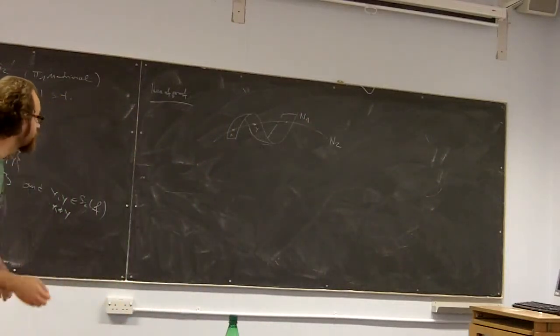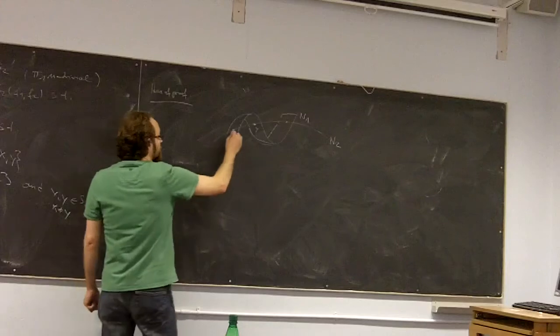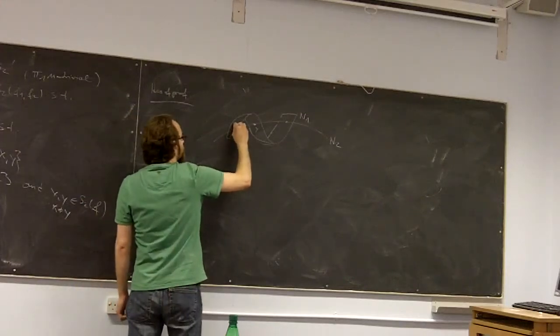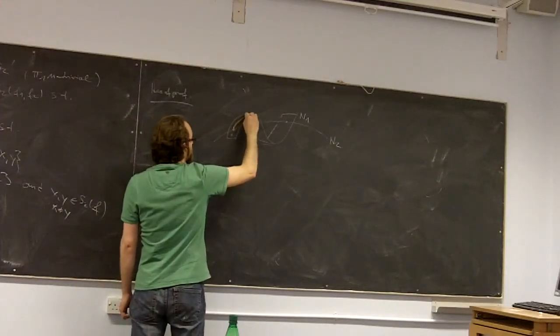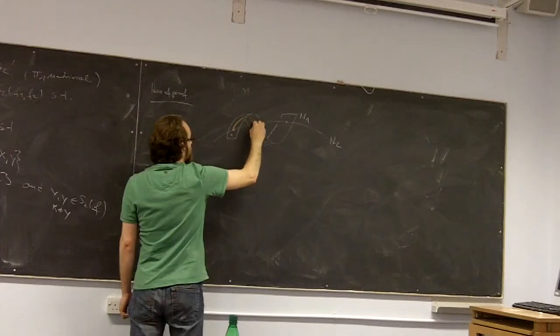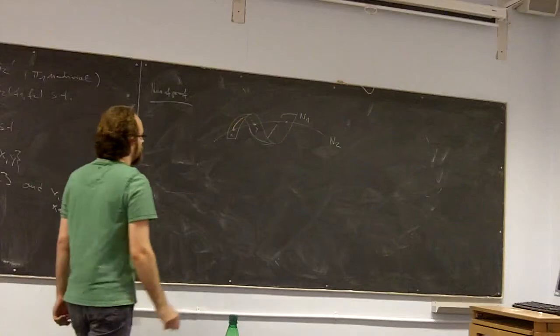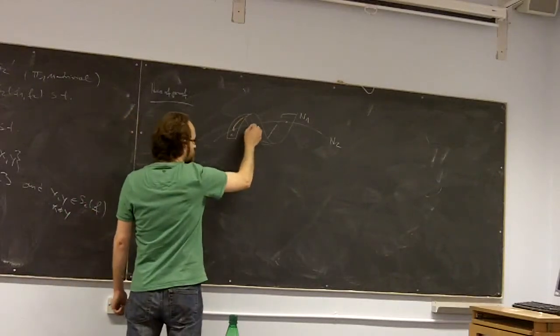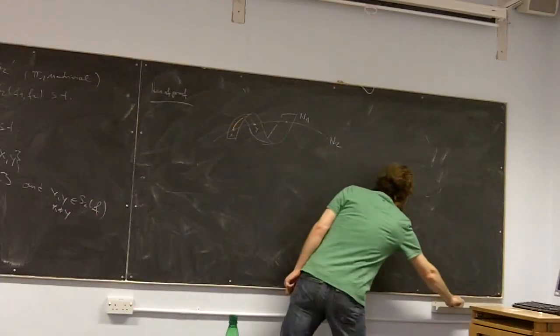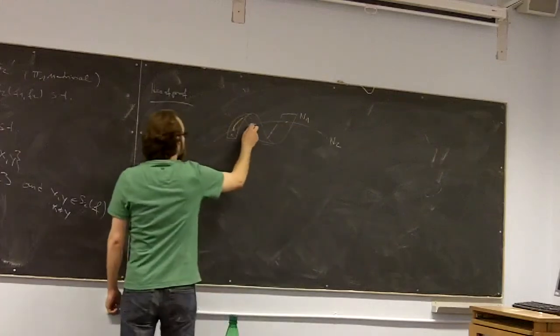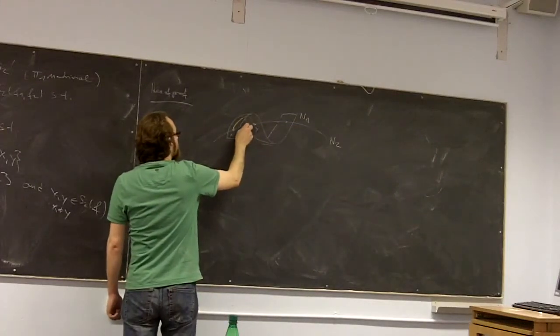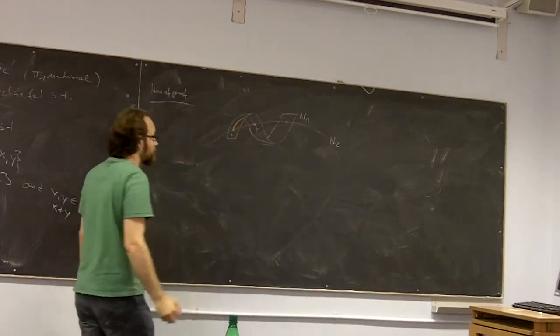So the idea is I can draw a curve from one double point to another in the first manifold, and then a curve back in the second manifold.